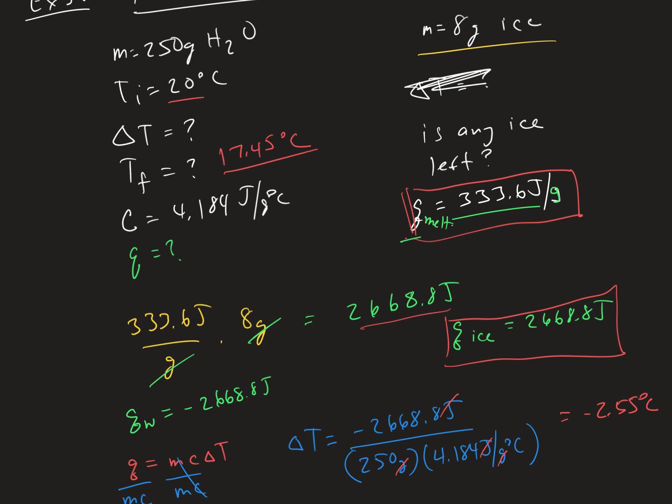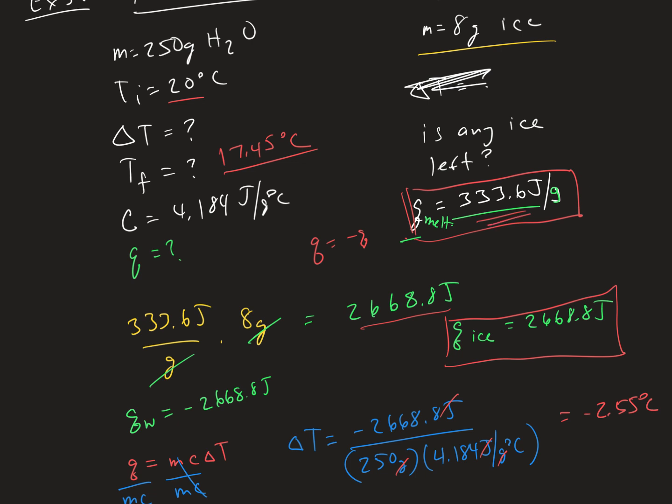Did the ice take in the heat or did it throw out heat? If it's melting, it has to take in the heat. But why do you use the negative if you're trying to find the changing temperature of the ice? Because the water is the surroundings. So the ice had to take in the heat from the water.